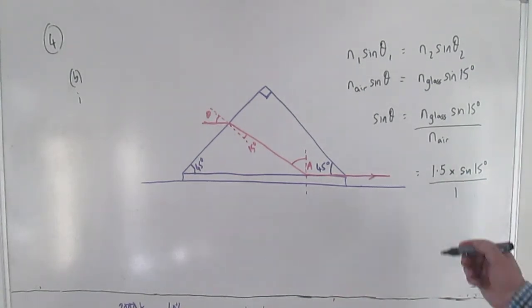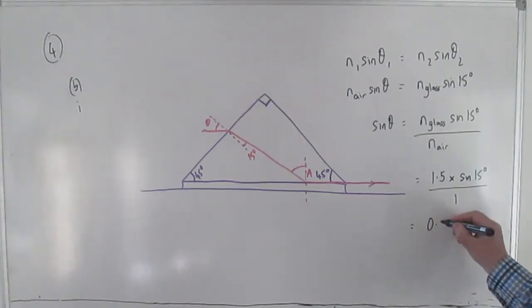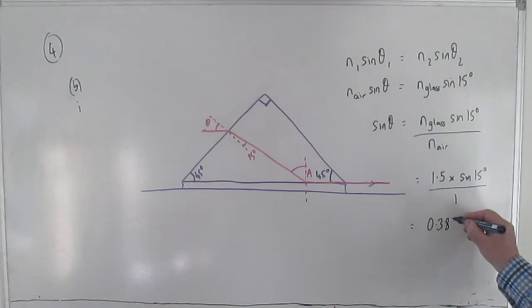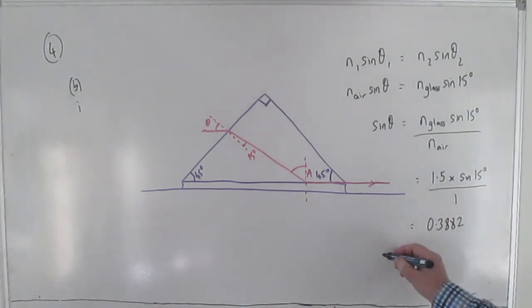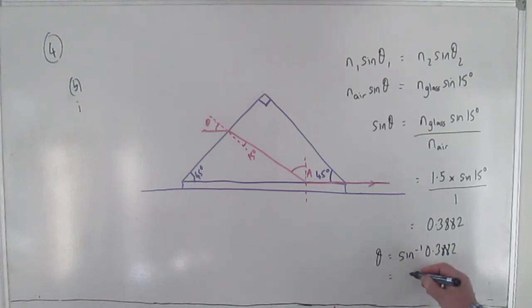So we can just plug that in: 1.5 sine 15 degrees comes to 0.3882, and therefore theta is the inverse sine of that number, which is 22.8 degrees, or 23 degrees to two significant figures.